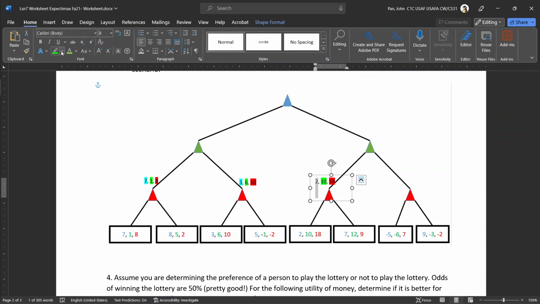So we're going to move all the values from that leaf up. And finally, we have this guy who's going to pick the left option to maximize the red 7 over -2.